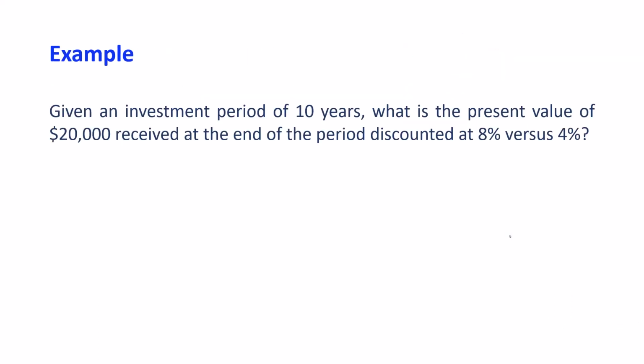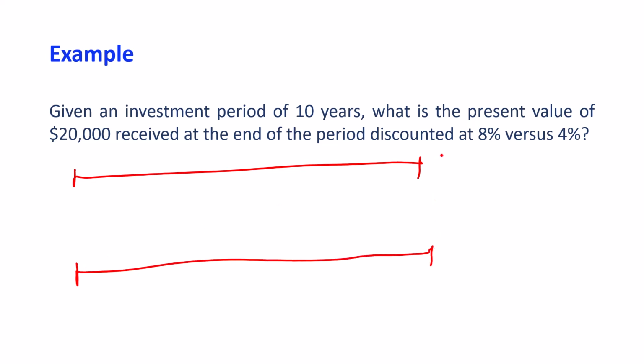Let's look at an example. Given an investment period of 10 years, so your T is the same in both cases, what is the present value of $20,000 received at the end of the period, discounted at 8% versus 4%? Now your N is the same in both cases, and your future value is the same as well.